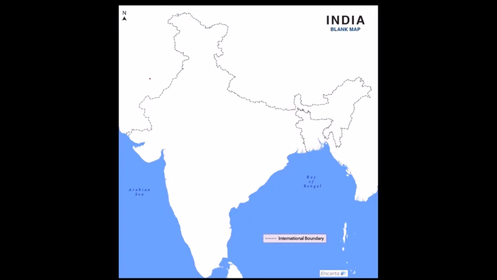It seems to be just like a square. And we have to understand this concept: national highways are numbered based upon certain parameters.